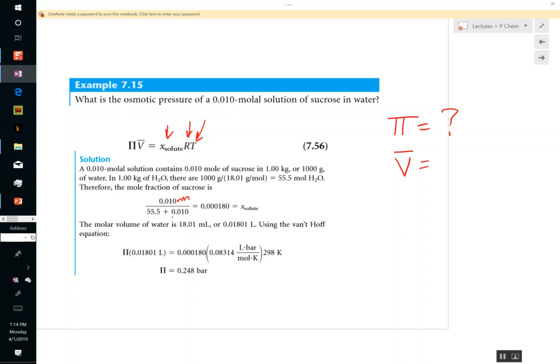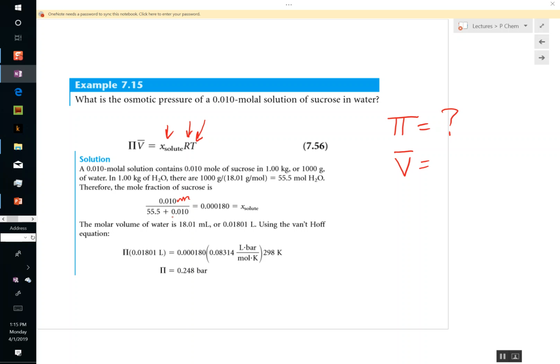Here is the number of moles. So this is going to be grams of the solute per kilogram of solvent, 1,000 grams of water, and there's its molecular weight. It really should be 18.02, don't you think? Probably. At any rate, so 55.5 plus a little bit here. This would be the mole fraction of the solute.